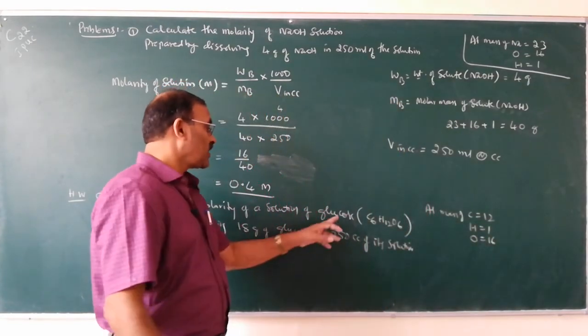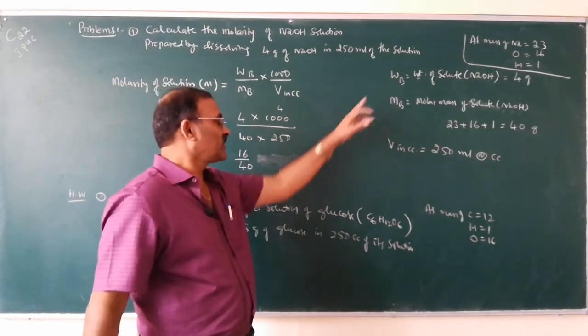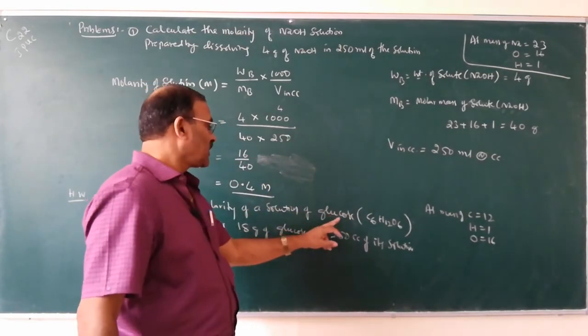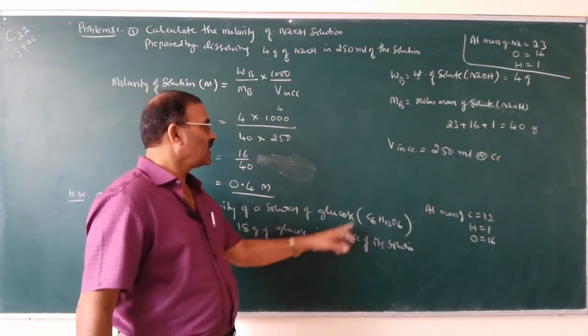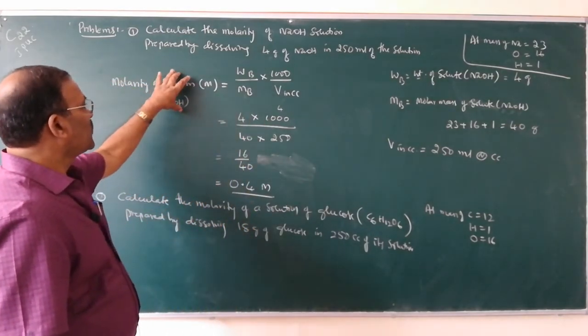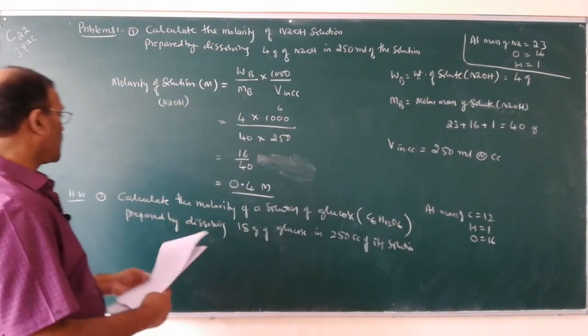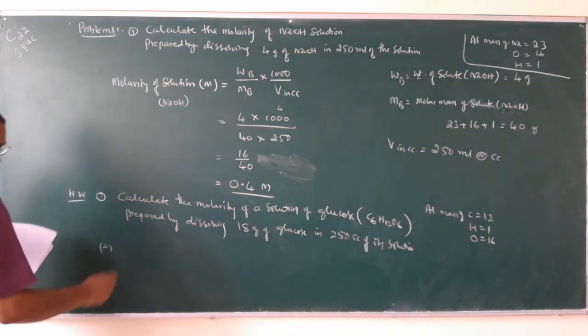So you have to determine the molar mass of solute. Weight of the solute is given, determine the molar mass, and the volume of the solution is also given, 250. So simplifying by using this formula you can calculate molarity of the solution. I will give you another problem.